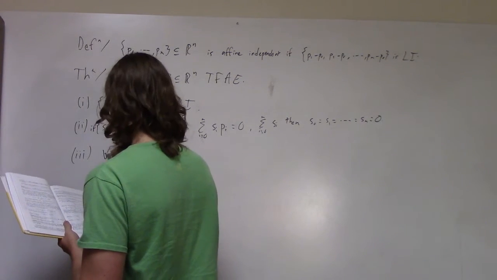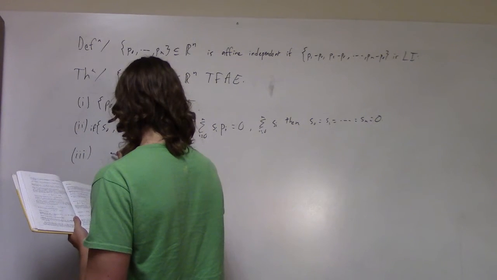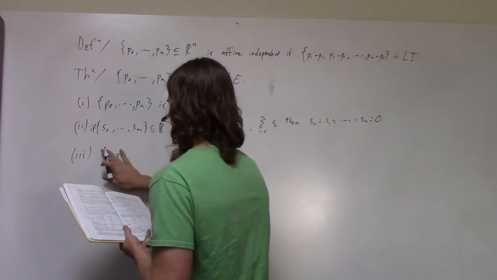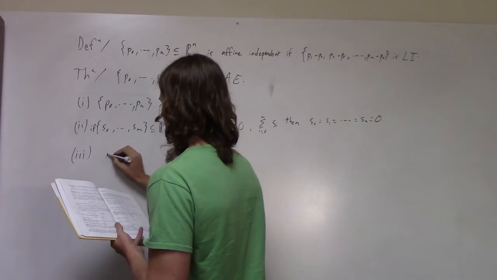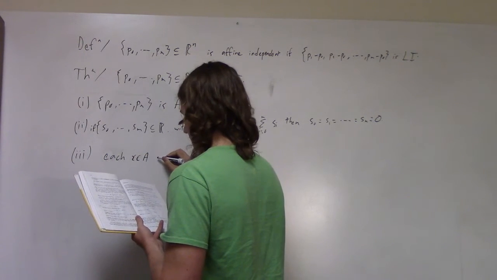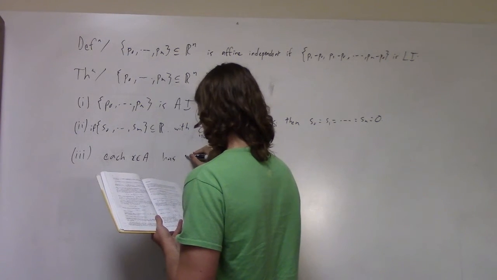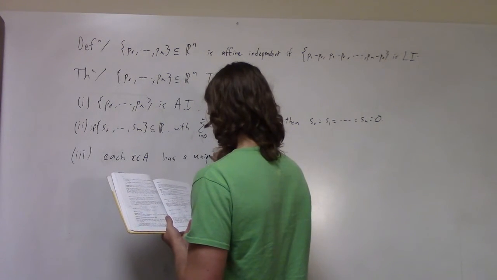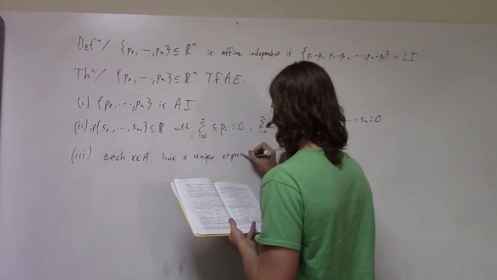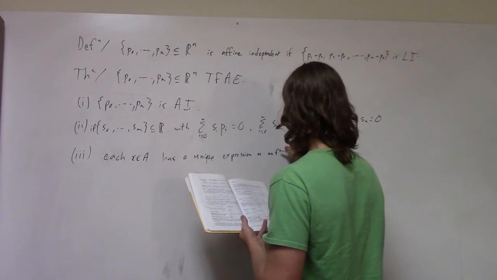So each x element of A has a unique expression as an affine combination. The ordering there is, of course, important.